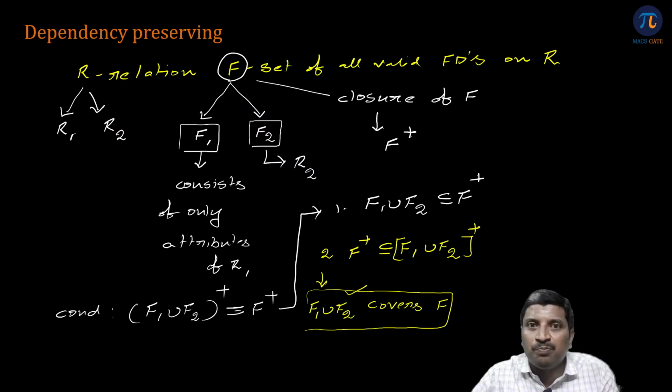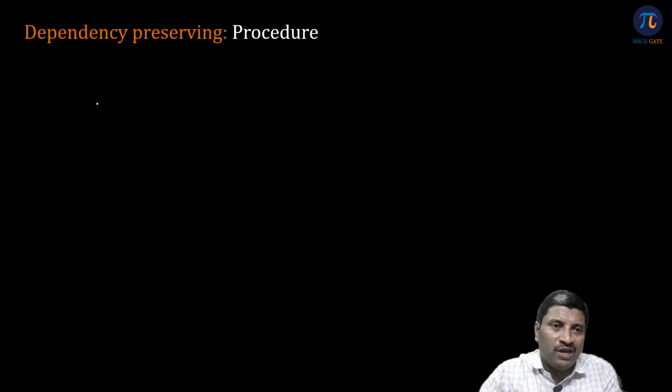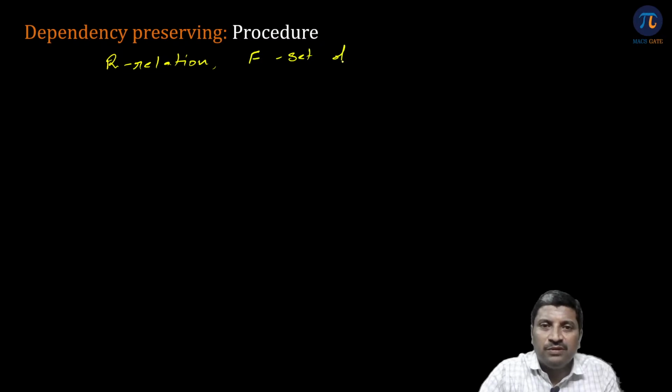Then what is the procedure to verify whether the decomposition is dependency preserving or not? So let me give the procedure first. As we said, suppose R is the relation and F is the set of FDs. What is the first step?